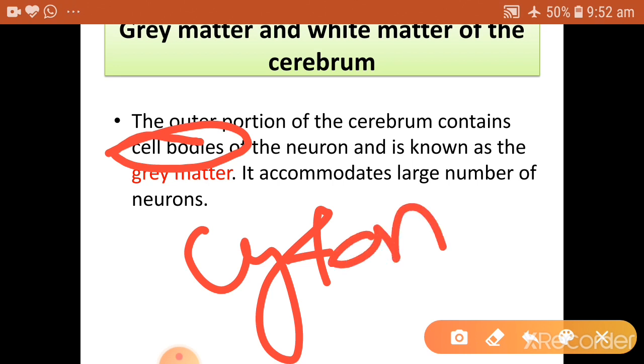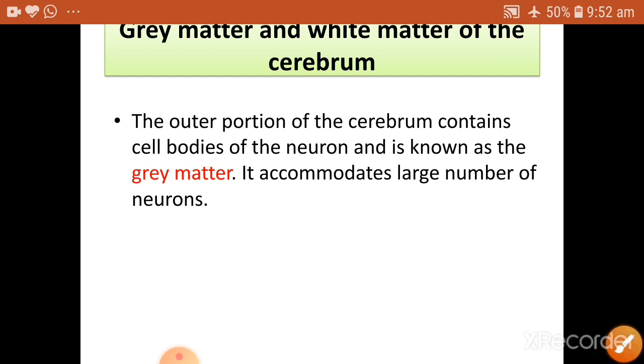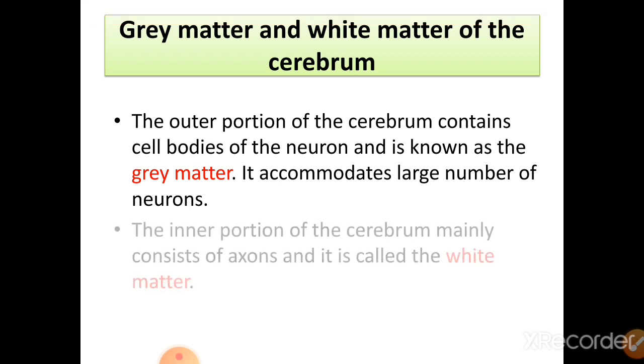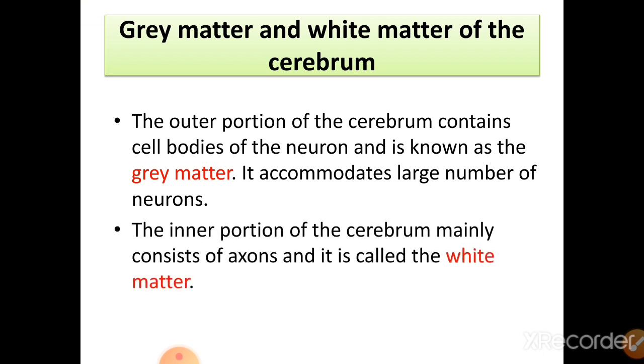You have drawn the diagram also. The outer portion of the cerebrum consists mainly of cell bodies of neurons, and the inner portion mainly consists of axons and is called the white matter. Remember, the inner part is white matter and the outer part is gray matter.